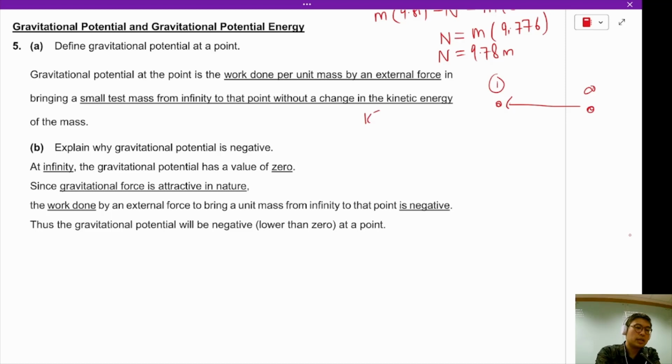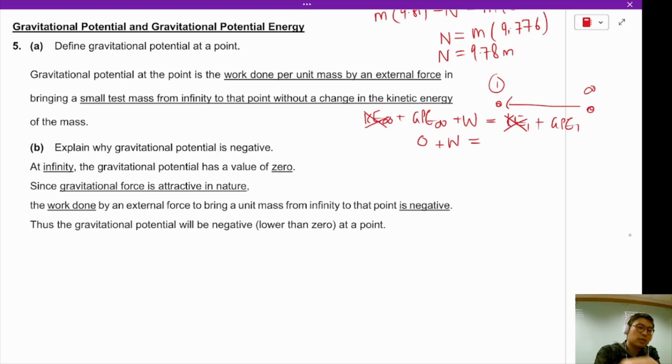So we write KE infinity plus GPE infinity plus the work done by the external force will be KE1 plus GPE1. Now, since there's no change in KE, the KE can be cancelled on both sides. The GPE at infinity is defined to be 0.